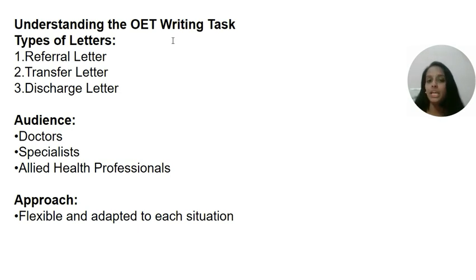Your reader could be anyone here, right? A doctor, a specialist, or an allied health professional like a physiotherapist or a dietitian. This means your approach must be flexible and adapted to each situation. Now, think of it this way.